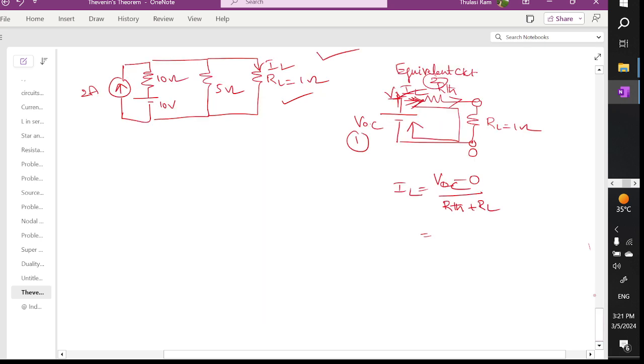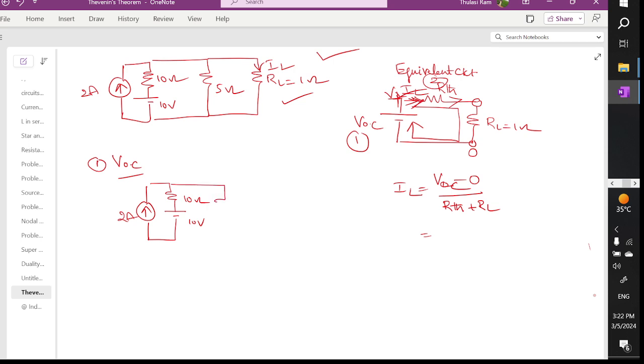So coming to the first step of solving, we need to find the open circuit voltage. How to find the open circuit voltage? First remove the load resistor as it is. Okay, so I am drawing a current source. This is 2 amperes, this is 10 ohms, this is 10 volts, this is 5 ohm, and we have removed the load resistor.